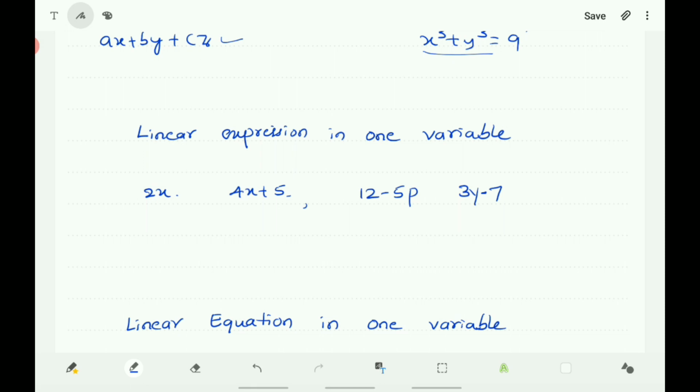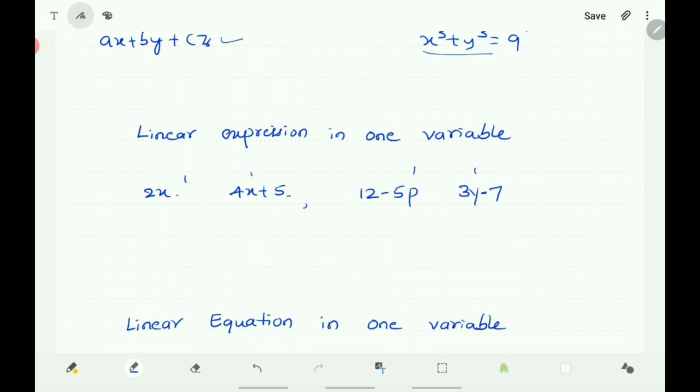See, all the expressions are having only one variable and their highest power is 1. 2x: only one variable x, highest power is 1. 4x plus 5: the variable is x, highest power is 1. 12 minus 5p: only one variable p is there, its highest power is 1. 3y minus 7: only one variable y is there, and its highest power is 1.